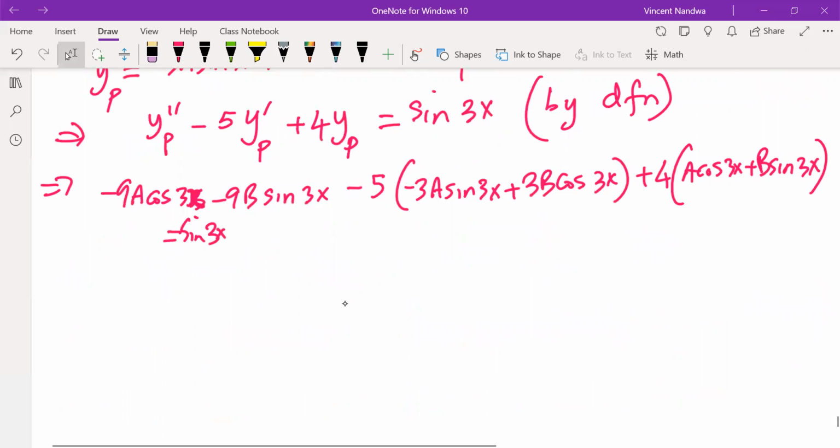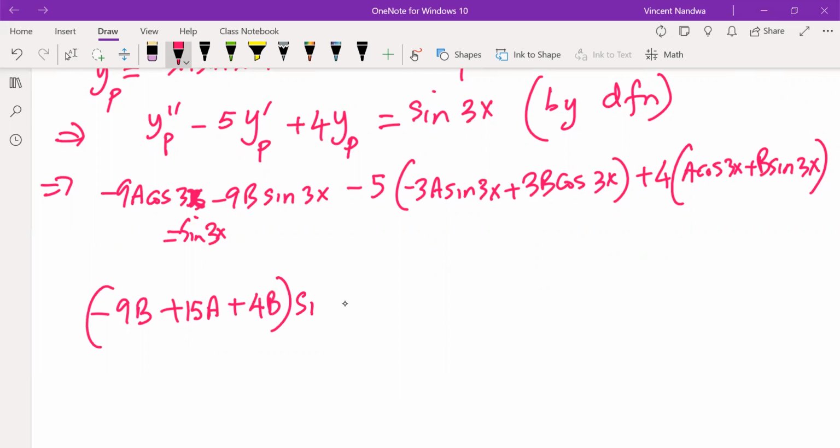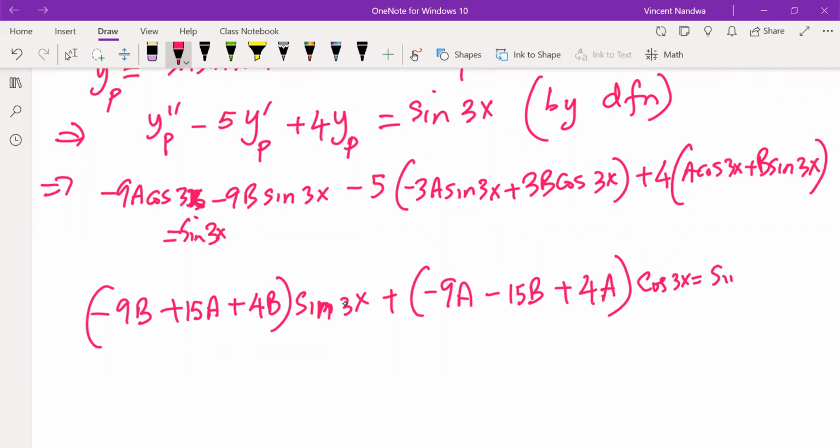So now, let me collect all terms with sines together. I'll have minus 9b, and then here this minus and this minus is plus 15a, and then 4 by this plus 4b, then sine 3x, plus, now those for cosine, we'll have negative 9a, this minus and minus will be minus 15b, and then plus 4a, should be multiplied by cos of 3x.